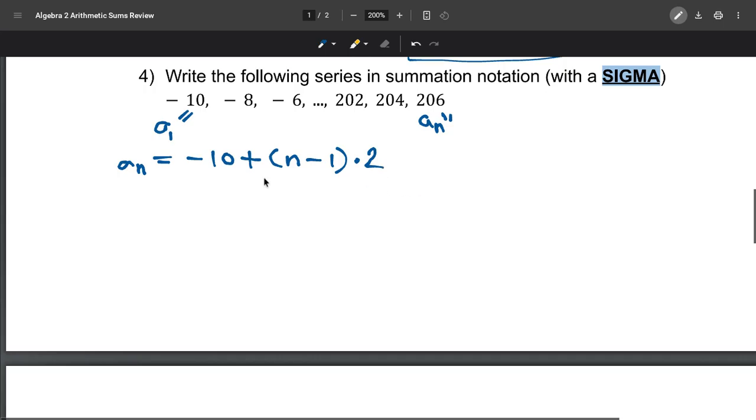So times 2. So if I distribute, we get negative 10 plus 2n minus 2. That's a sub n. Combine the terms, a sub n equals 2n minus 12.